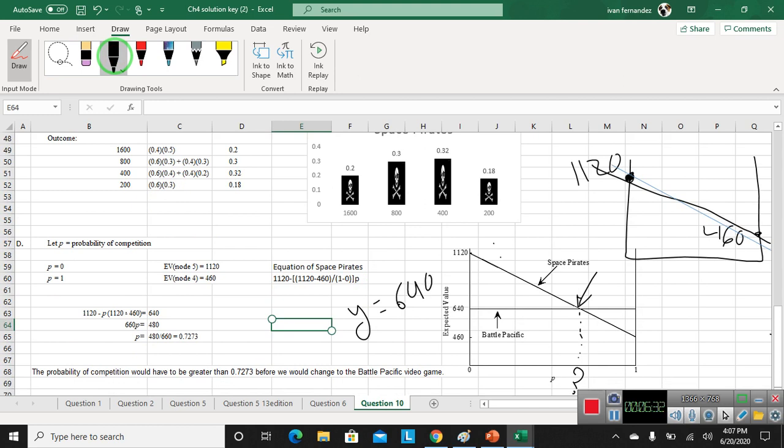There's no x, there's no p. It does not depend on probability. So it's just a flat line, 640. This is the equation for Battle Pacific.